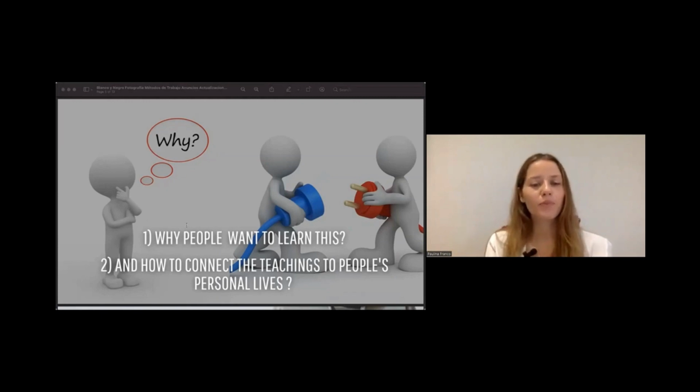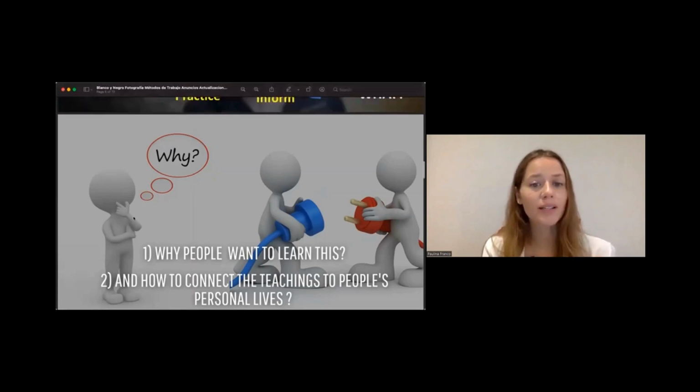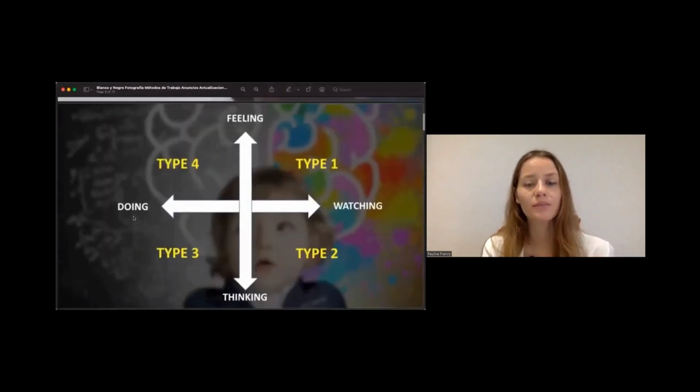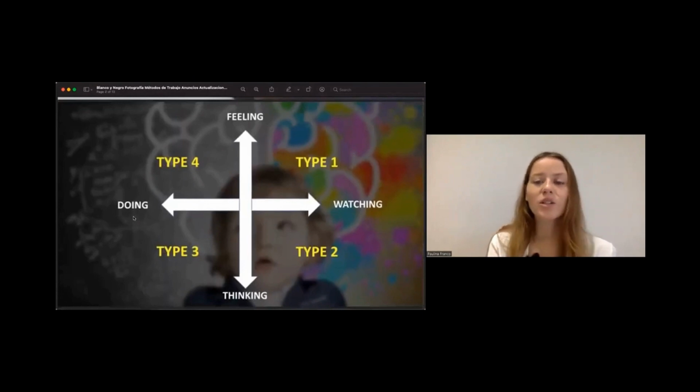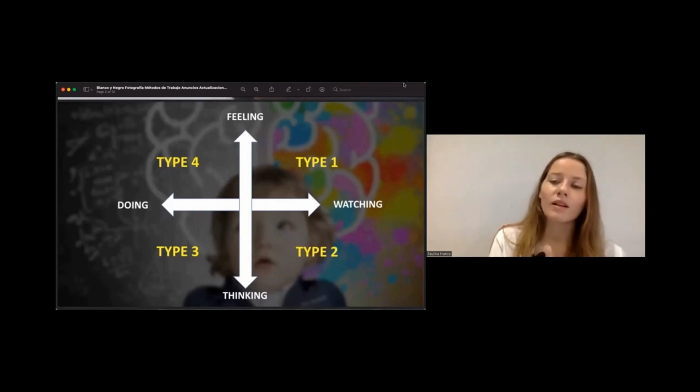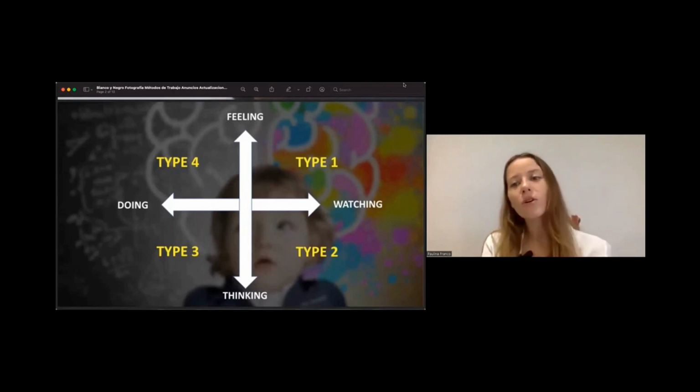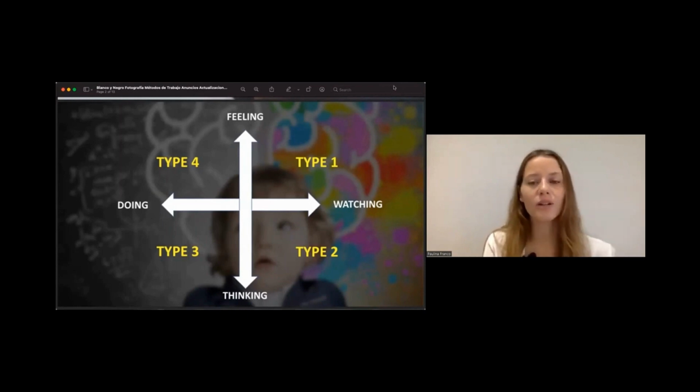And as you know, all people, including us, we have different learning styles. Tim already talked about it a little bit. Here is what he said. Maybe you are a type 1, you maybe are type 4, you feel, or no, you are more like a thinker, or I like to put everything into practice, right?